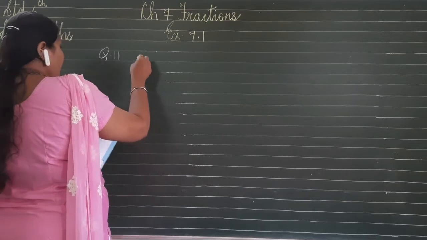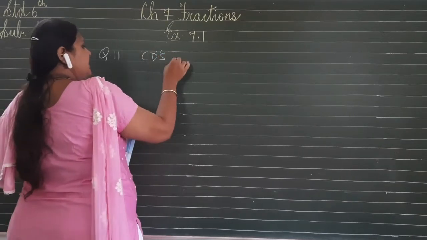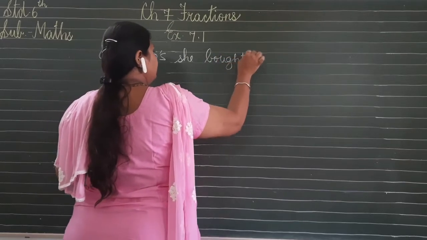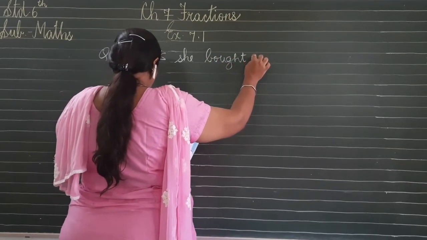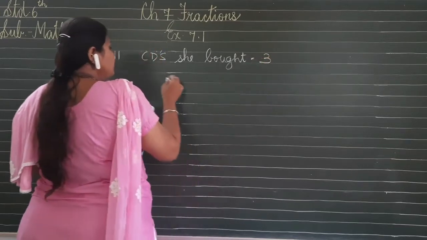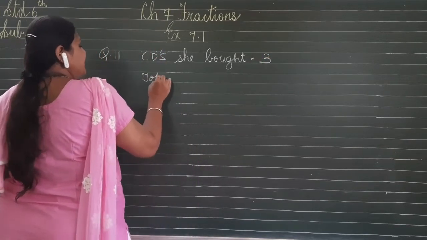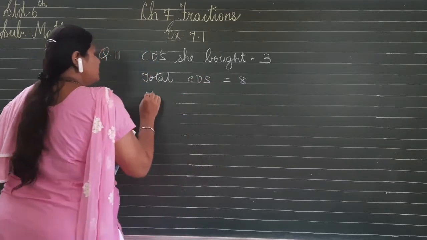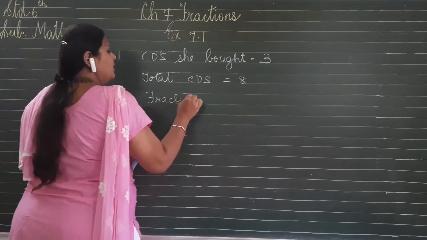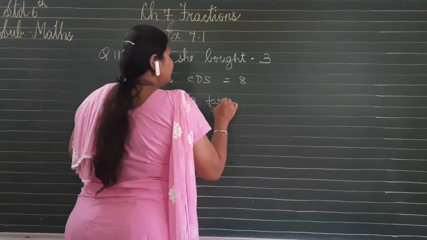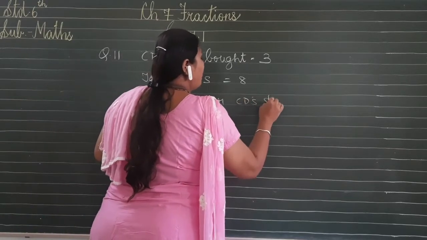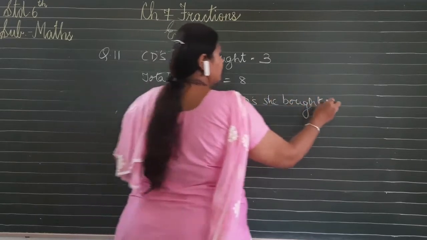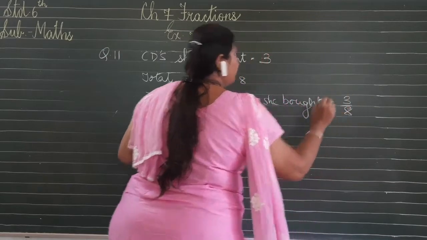CDs she bought, very first: how many CDs? 3. Okay, total CDs are 8 now. So the fraction for CDs she bought equals 3 upon 8.